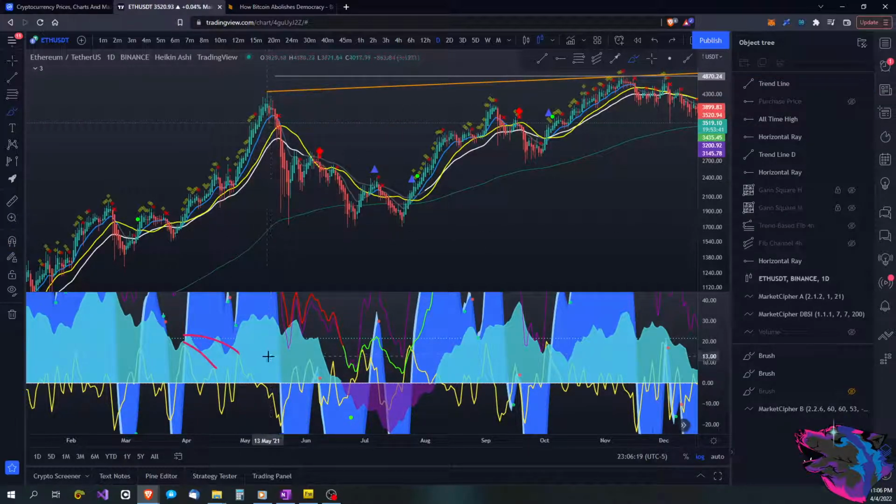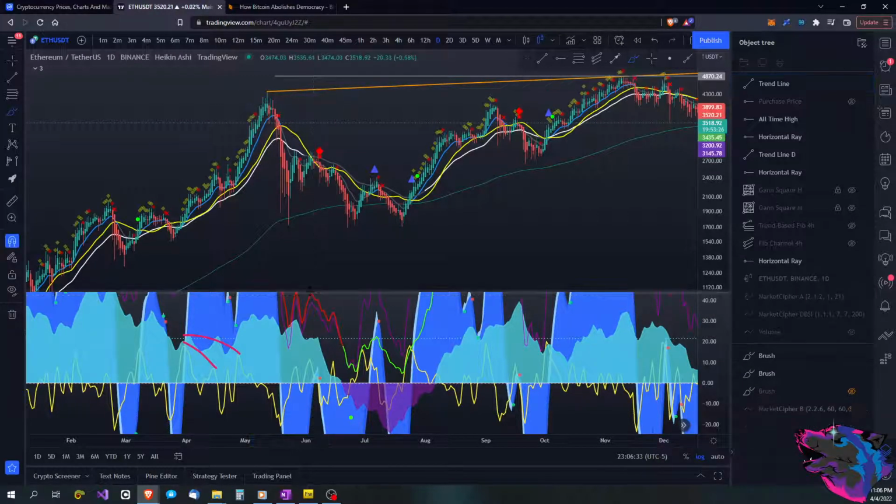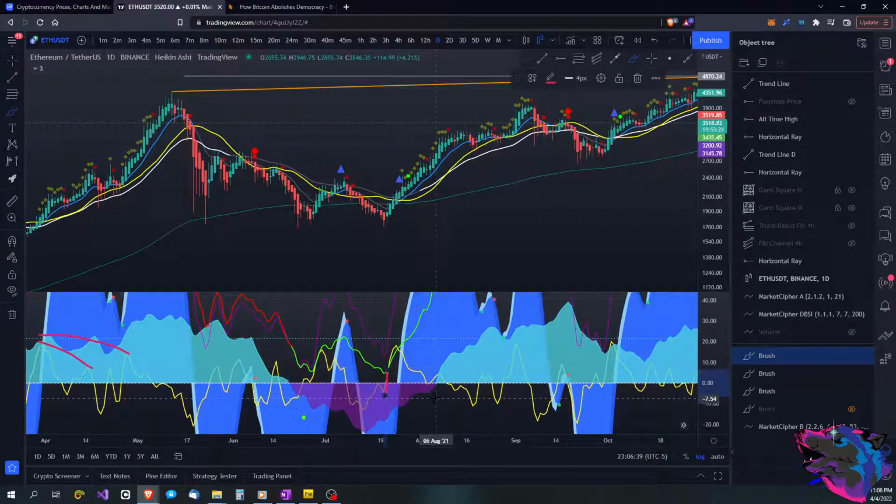But the VWAP does behave slightly differently on the higher time frames, largely because there's so much time, so much action, so much volatility in every single candle. When you're on smaller time frames, maybe here's where you enter, here's where you exit.